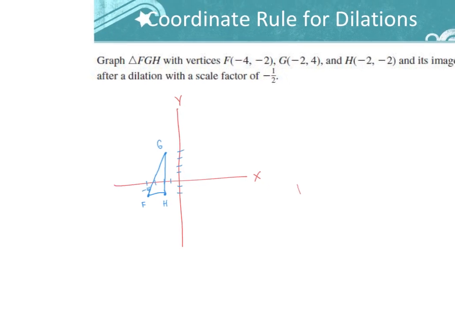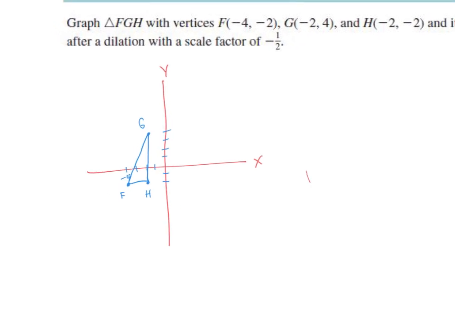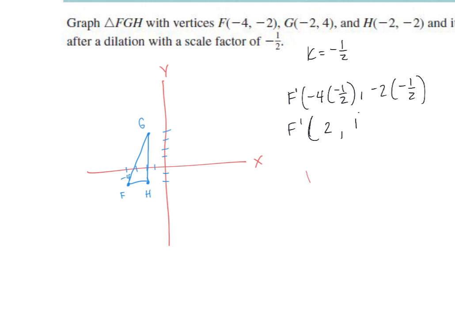Okay, from here we're going to scale it by a factor of -1/2. So remember your coordinate rule, k equals -1/2. So we're going to take that k and we're going to multiply it by each coordinate. So it's going to be F, which is -4 times -1/2. This will be F prime. And then -2 times -1/2. So F prime is going to be +2, +1.